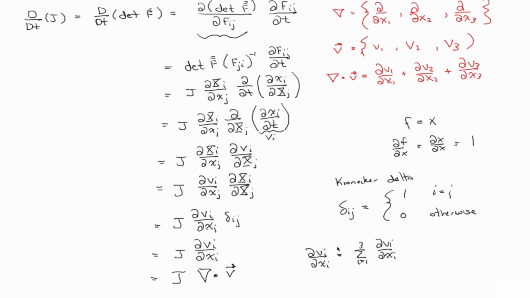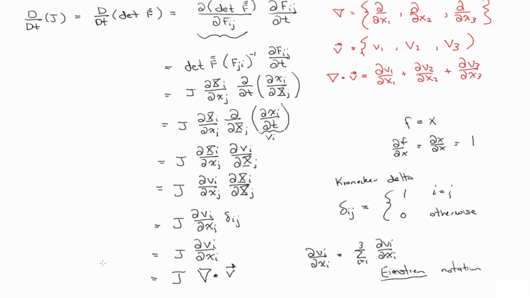Anytime you see a repeated index, in this case the i, there's an implicit summation over that. This notation was introduced by Einstein, so this is Einstein notation, or Einstein indicial notation.